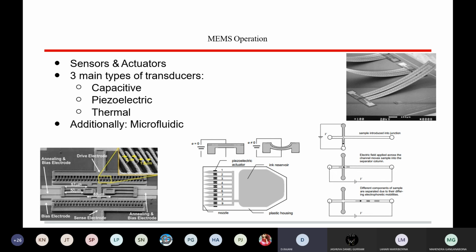For the sensor, the input is in non-electrical form, whatever it may be: mechanical, chemical, physical, radiation, or thermal. That quantity is converted in the sensor, so the non-electrical quantity becomes an electrical quantity. Meanwhile it is processed in the device. After that, the actuator again converts the electrical signal into a non-electrical quantity, for example chemical.